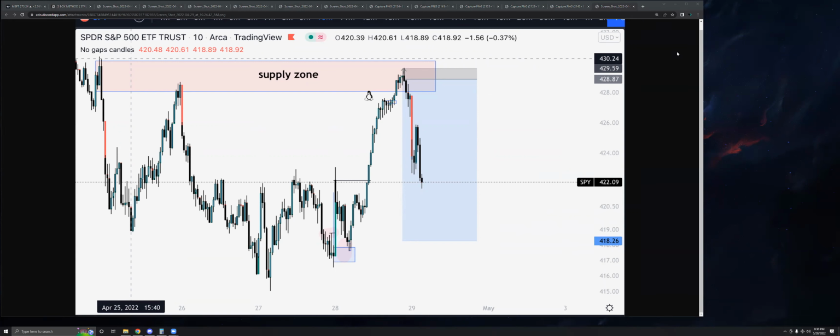And it's pretty much, like I said, just that three-step rule that we go by: structure, supply and demand, and the confirmations. So now that you got puts into that supply zone, we're still going to target the liquidity down here. This went from 429 and it's already at 422.